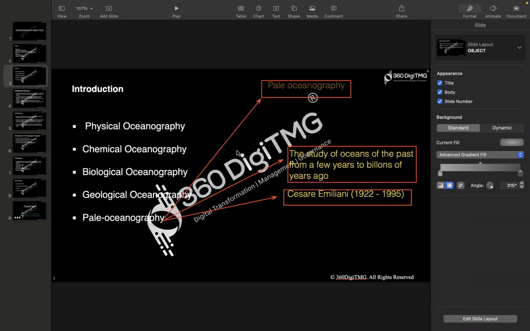So in this, we have to discuss a point which is important in paleoceanography.